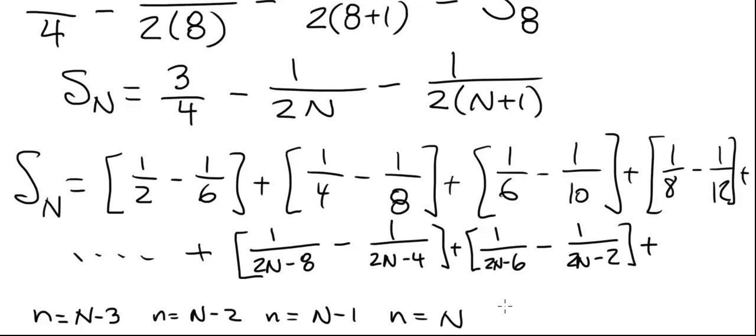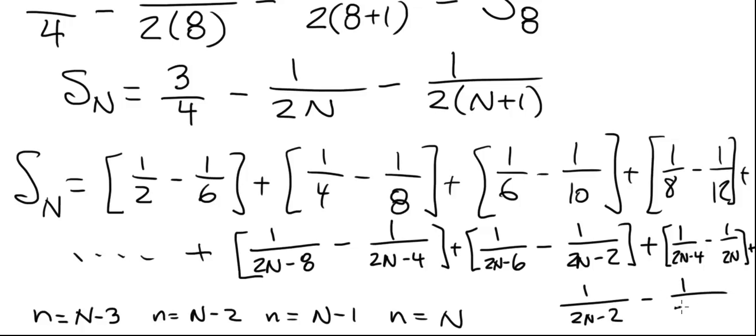Plus, when little n is n minus 1, subtracting 1 would be n minus 2, so this is 1 divided by 2n minus 4 minus 1 over 2n. And finally, the last one, when little n is big N, that would be 1 divided by 2n minus 2 minus 1 divided by 2 times n plus 1 or 2n plus 2.